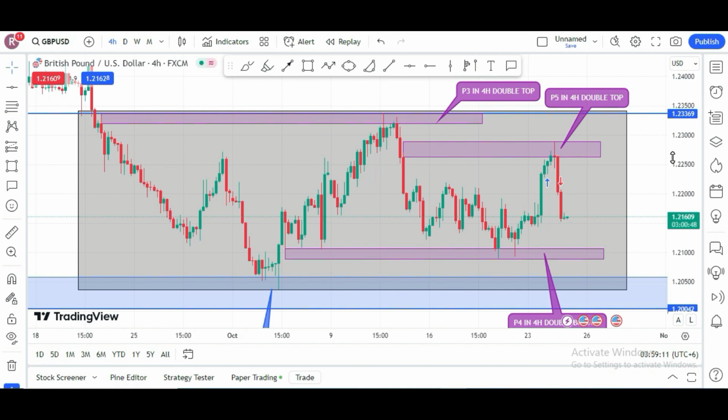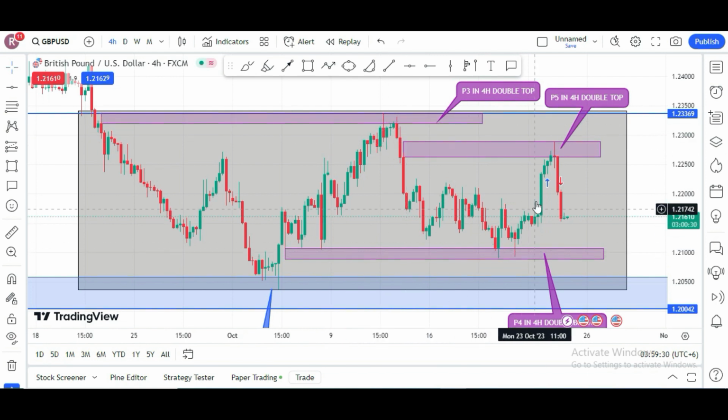However, for the day traders, they can take a trade from here and leave it here. They can go short here and close here, or maybe they can go long from here and close it here.